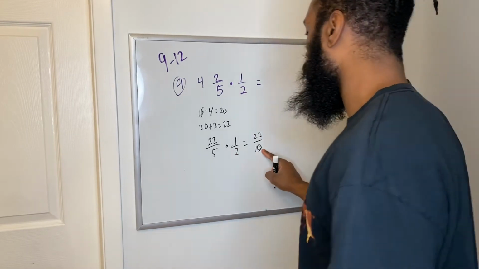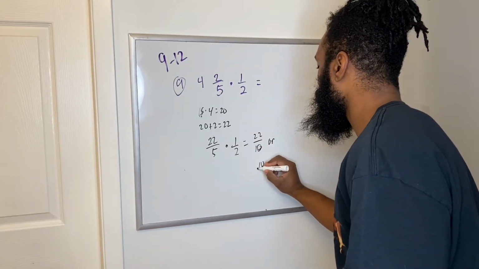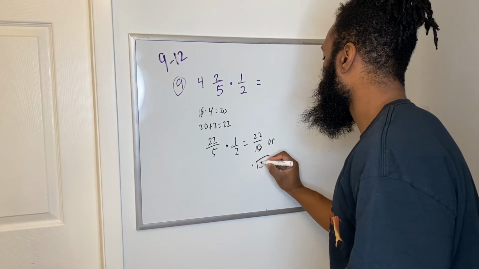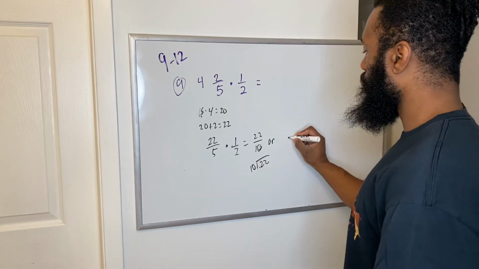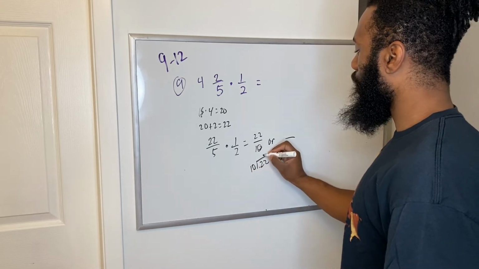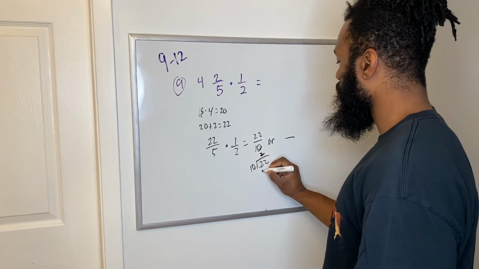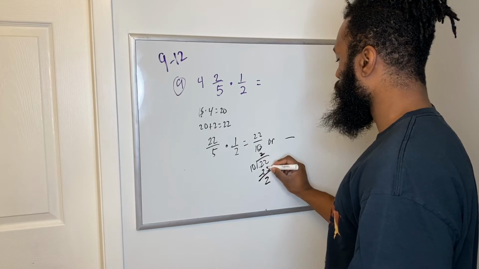It can either be 22 over 10 or, if you want to turn it into a mixed number, 10 goes into 22 twice. 10 times 2 is 20. 22 minus 20 is 2.